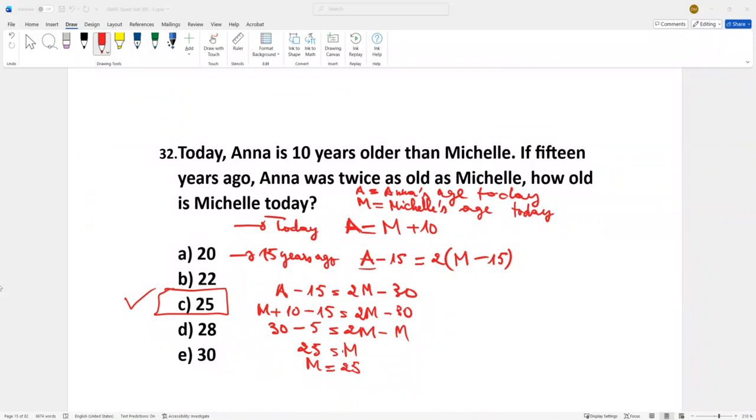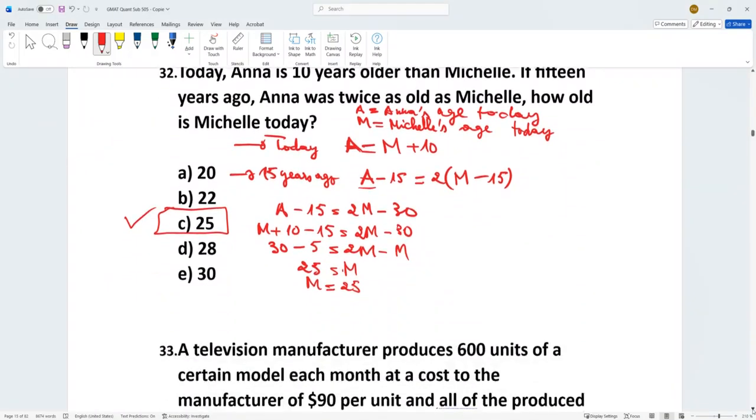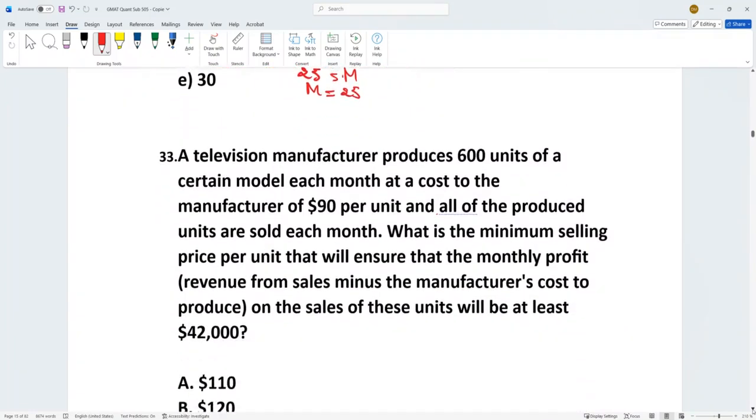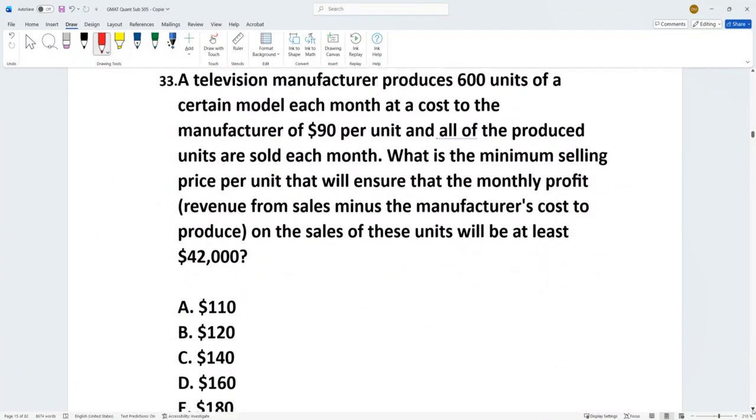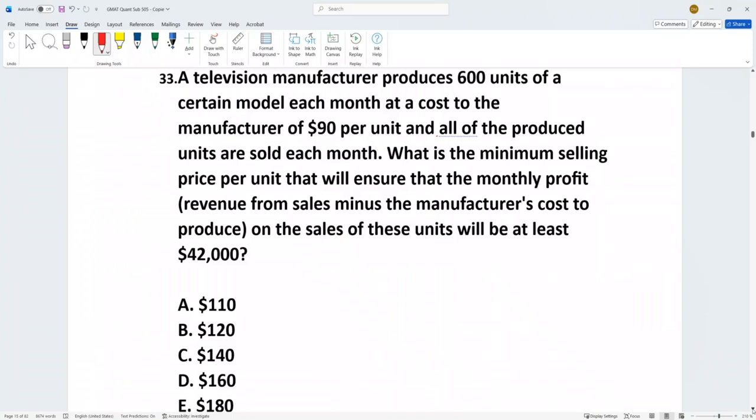Question number 33. Question number 33 says this: a television manufacturer produces 600 units of a certain model each month at a cost to the manufacturer of $90 per unit, and all of the produced units are sold each month.